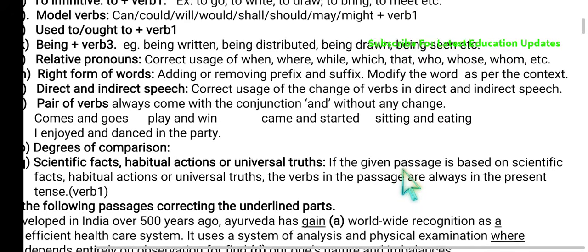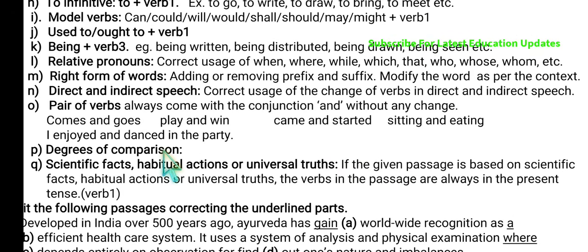Next one is degrees of comparison. Here positive degree, superlative degree, comparative degree, we have to apply that concept of degrees of comparison if there are some errors in the given passage. Next one is scientific facts, habitual actions and universal truths. If the given passage is based on scientific facts, habitual actions or universal truths, the verbs in the passage are always in the present tense.